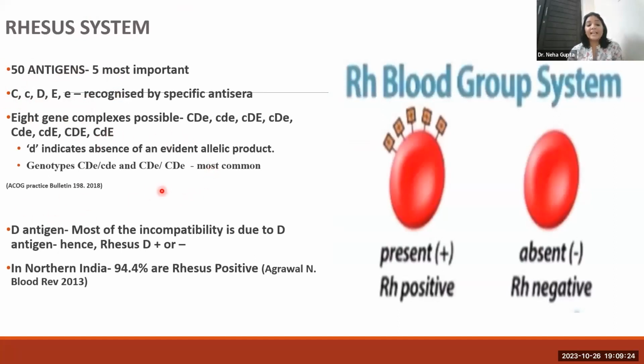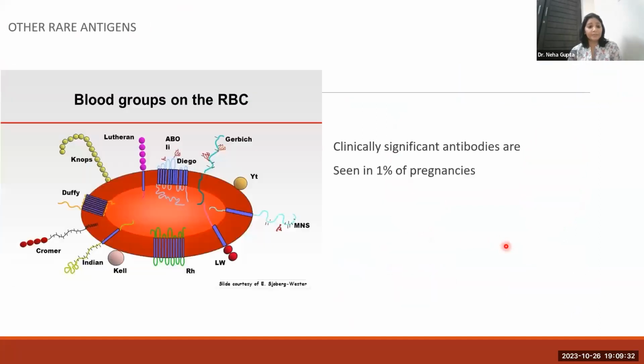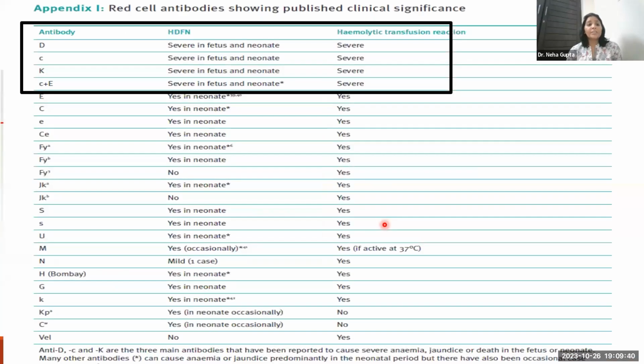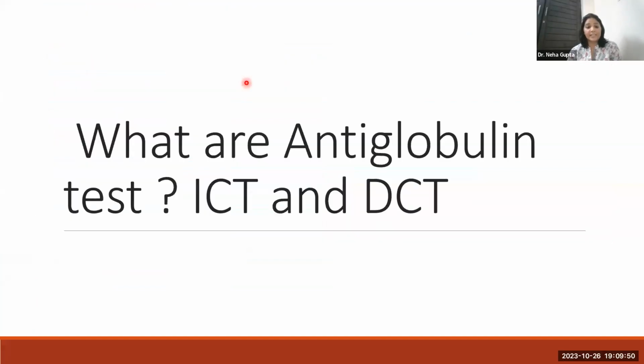It is the D antigen which contributes to most of the incompatibility; presence of D is rhesus positive and absence of D is rhesus negative. Then there are other minor rare families like KEL, Lutheran, Duffy, and MNS. However, the antibodies D, small c, capital K, and small c plus small e are the most common ones involved in severe hemolytic reactions in the antenatal period.